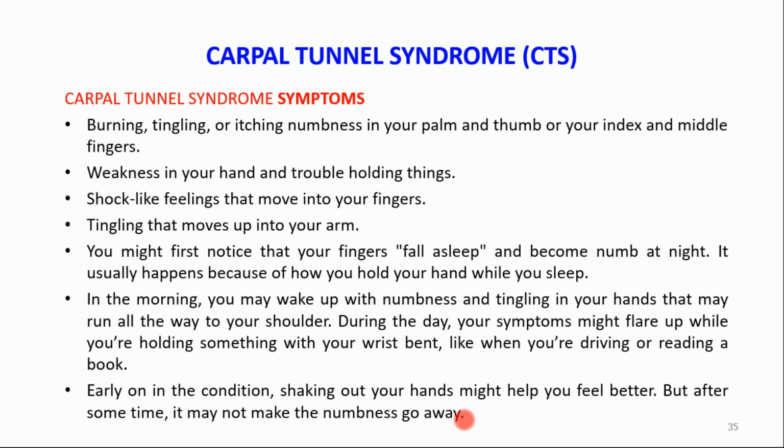But if the numbness or tingling continues even after shaking your hands, then that may be the symptom of CTS. Otherwise it is temporary numbness or temporary tingling in your hands.